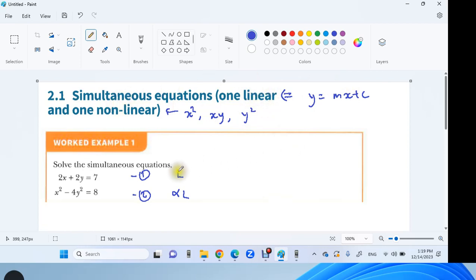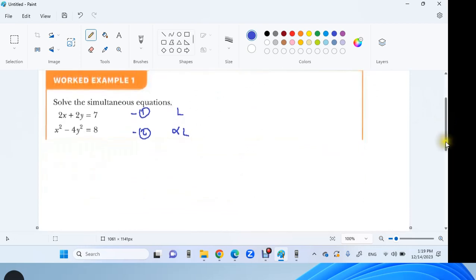For this kind of question, what we need to do is change the linear equation so that we have x equal to something or y equal to something, to substitute into the other equation. So from the linear form, we have to make x or y the subject.